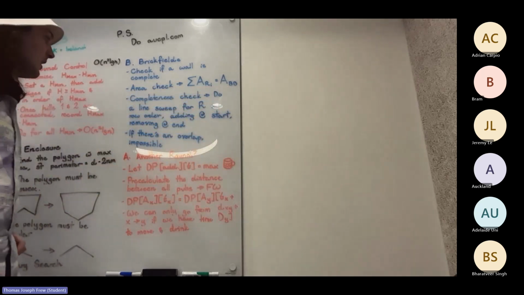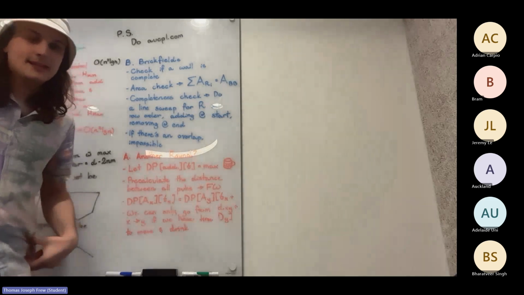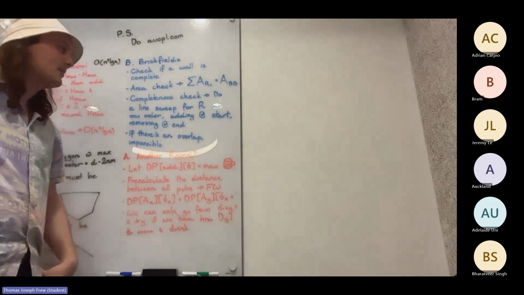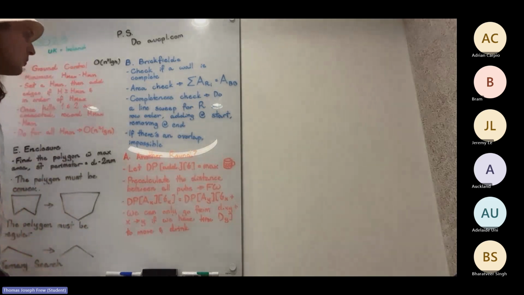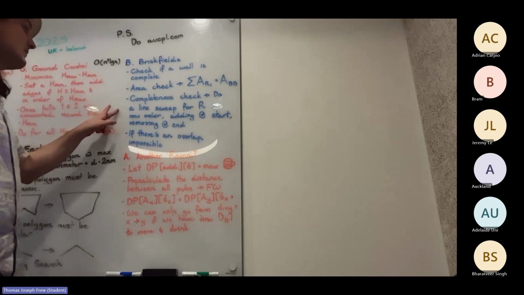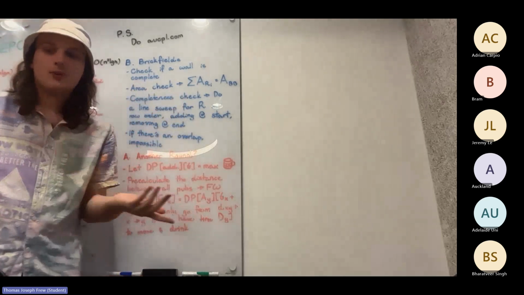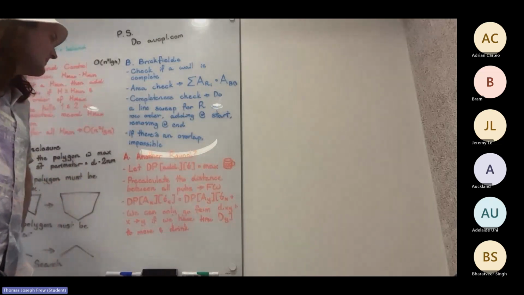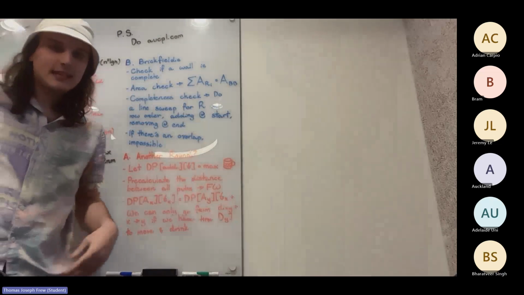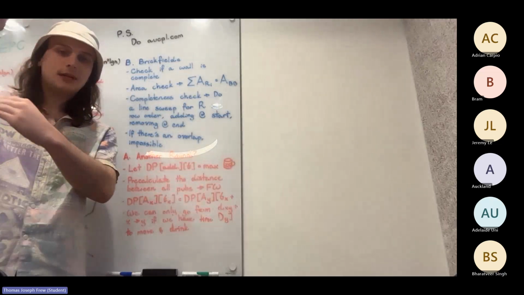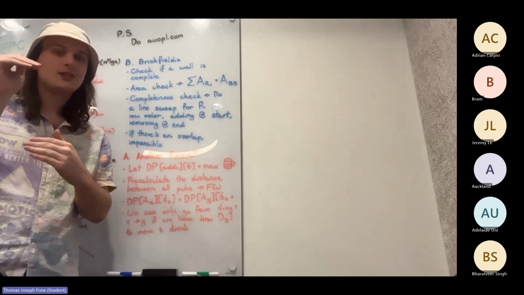The completeness check, is every part covered by exactly one rectangle? That is a bit harder. But what you can do is a line sweep, going from either top to bottom or left to right or whatever order you care about. Whenever you encounter a rectangle, you're going to add an interval corresponding to the opposite of the direction that you're going in.